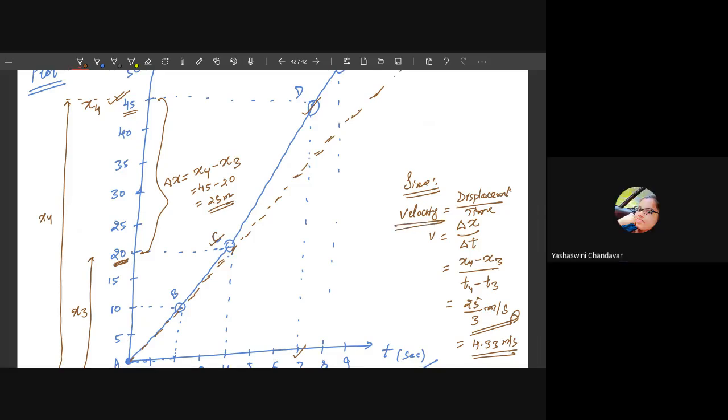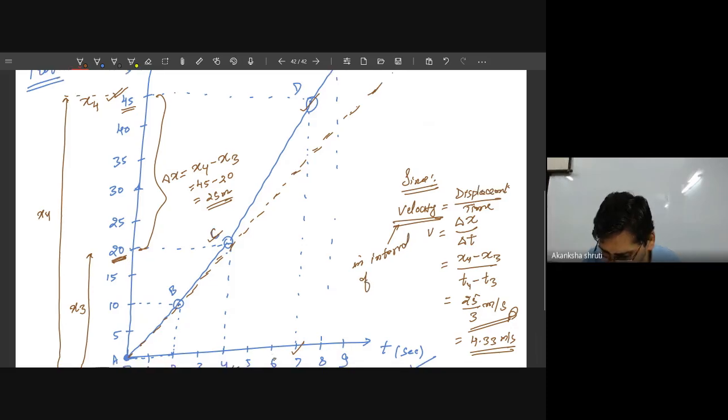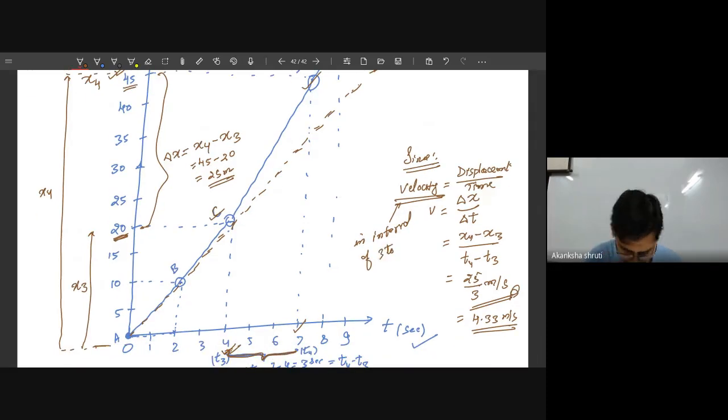But this velocity is in which interval? So this is the velocity in the interval of 4 to 7 seconds. That is for a 3 second interval.